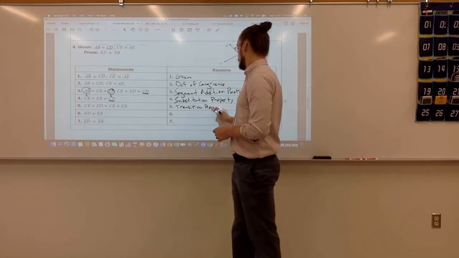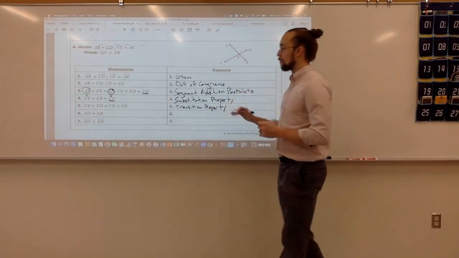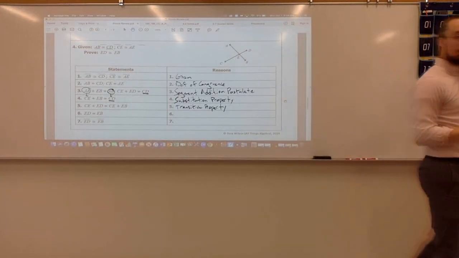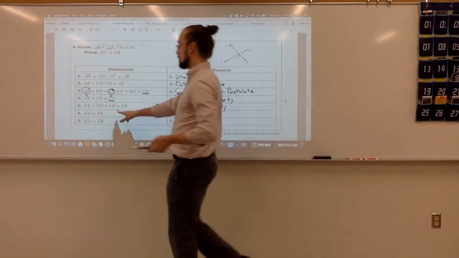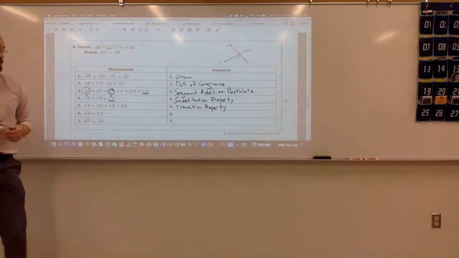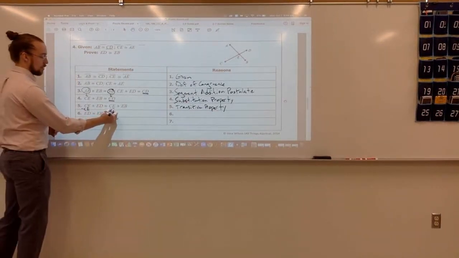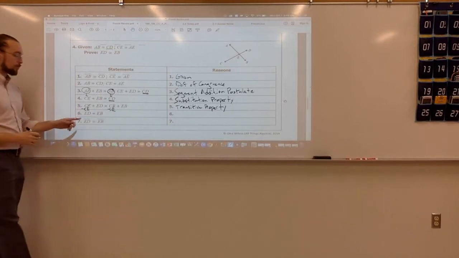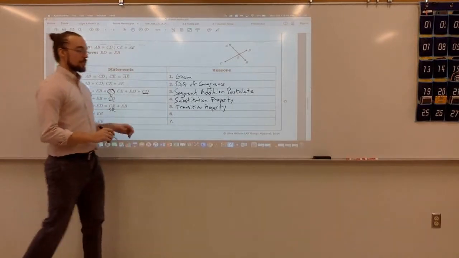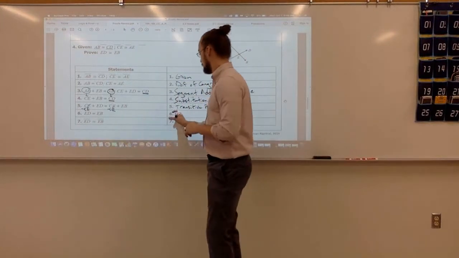So now, how do I go from line 5 to line 6? Subtracting CE from both sides of the equation. Canceling out on both sides, and we're just left with ED equals EB.